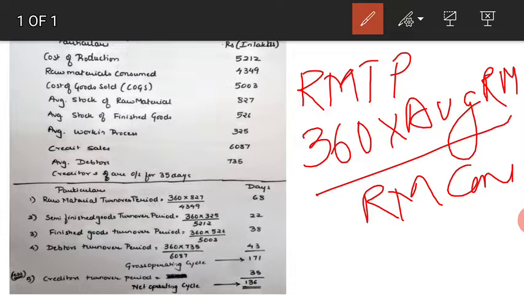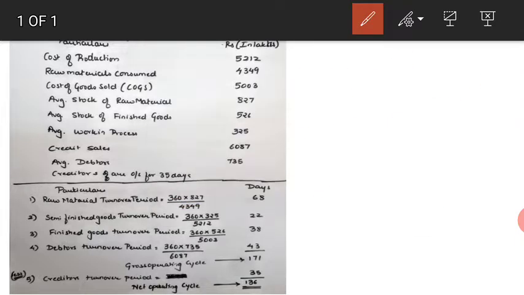First, 360 is the number of days, so 360 as it is what we have taken over here. Then into average stock of raw materials. So average stock of raw materials is over here, so 827, we have taken it in the formula, and divided by raw material consumed, which is 4,349, which we have considered over here.